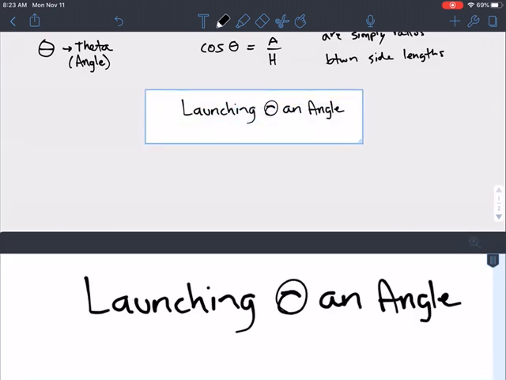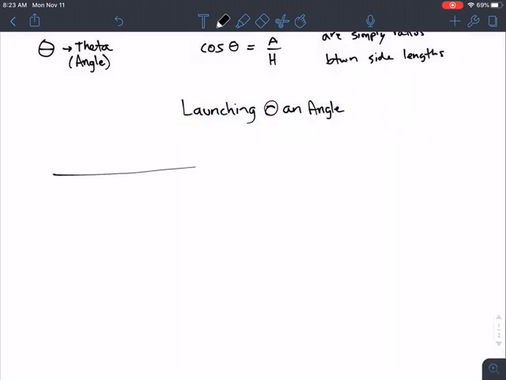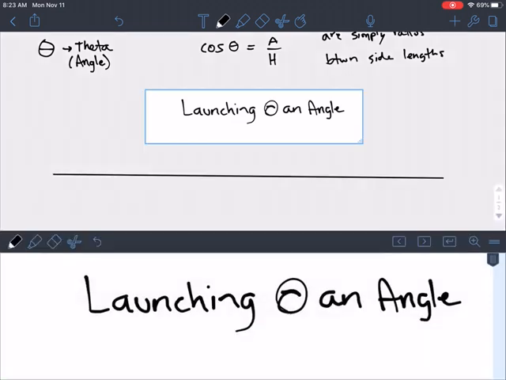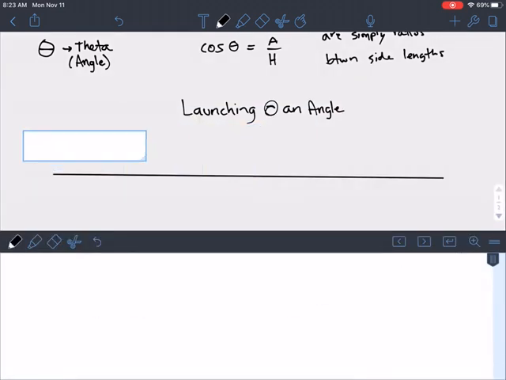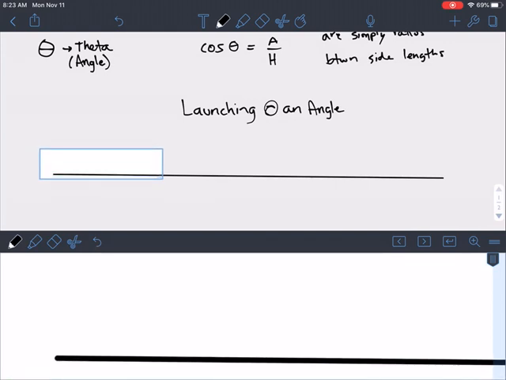Alright. So let's say we've got our ground, and then let's just say we're going to launch something from a cannon. Right, so when we launch something from a cannon, you can kind of see that I've got it at some angle.